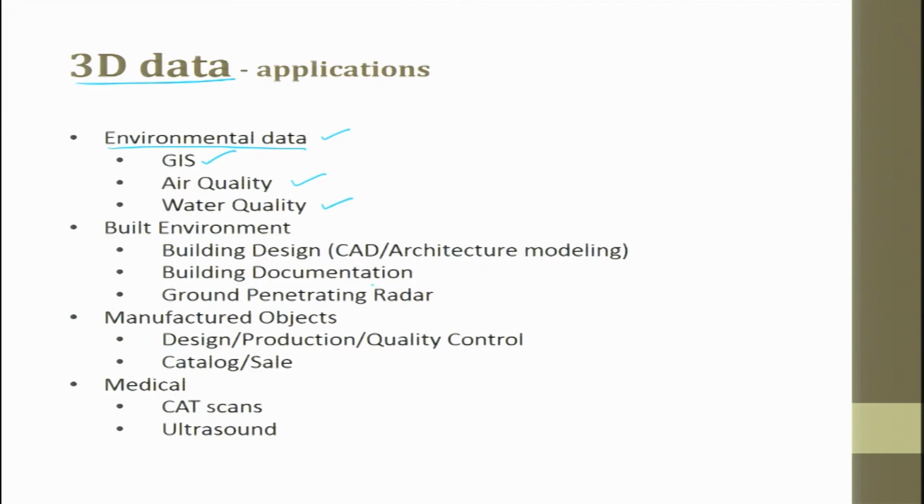Building documentation, we use 3D data. Ground penetrating radar, we use 3D data. Manufacturing objects, design, production, quality control, we use 3D data, and catalogs and scales, we use 3D data. Medical, we use CT scan and ultrasound, and we also use 3D data for applications.